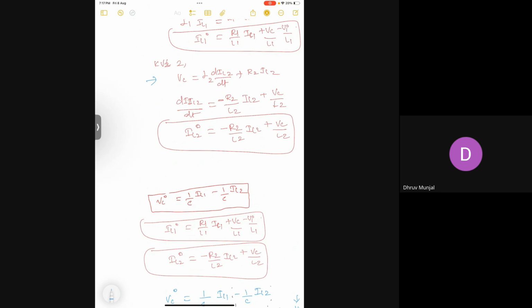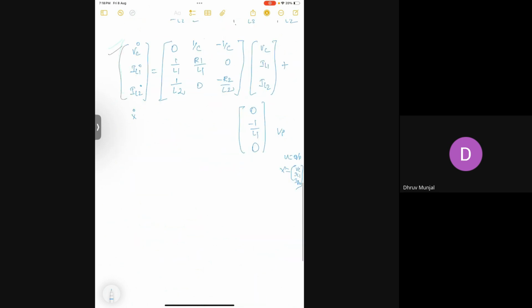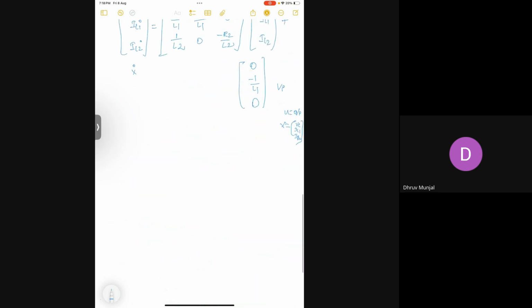But you can do the same: write it as a transfer function and then convert the transfer function to state space. That is also allowed if you are comfortable with it. Otherwise, you can do this. Whatever way you are okay with, but learn both methods because it will be easy to solve similar problems.